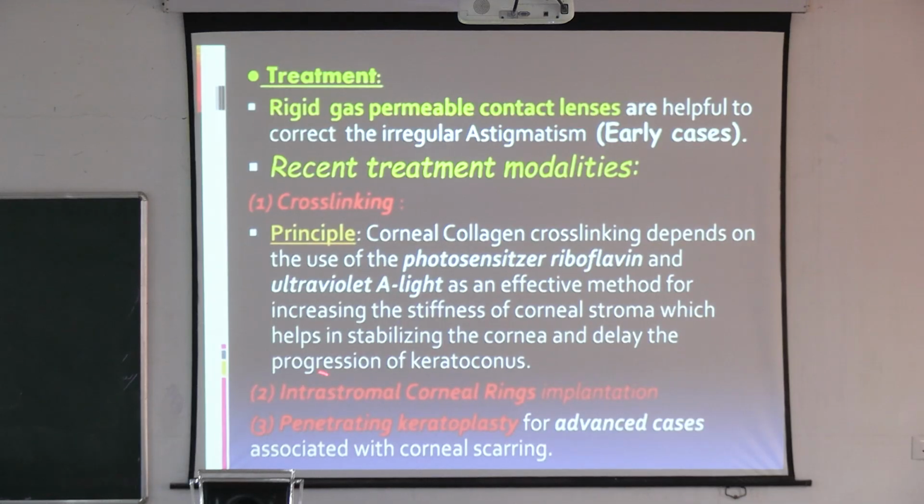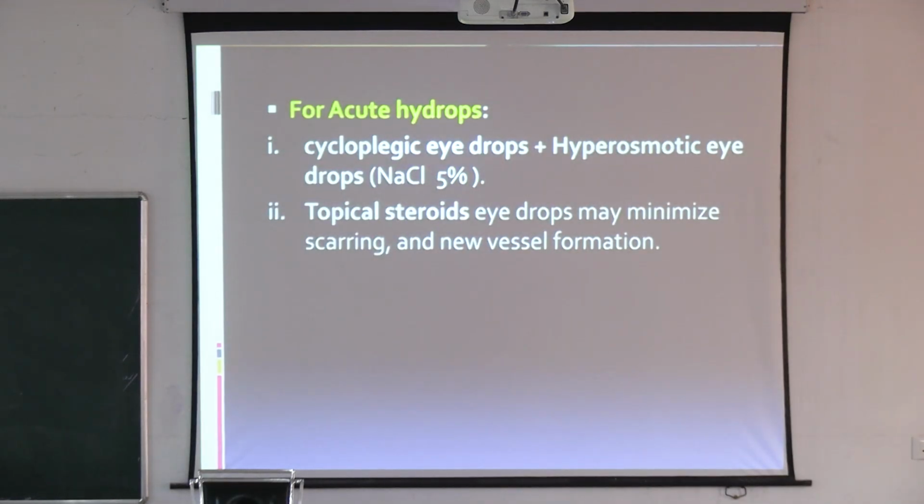In severe cases, intrastromal corneal ring implantation is also given, and lastly if the patient has intolerance of light and there is acute hydrops or corneal opacity or scarring, then penetrating keratoplasty is done. And cycloplegic eye drops and hyperosmotic eye drops are also given.